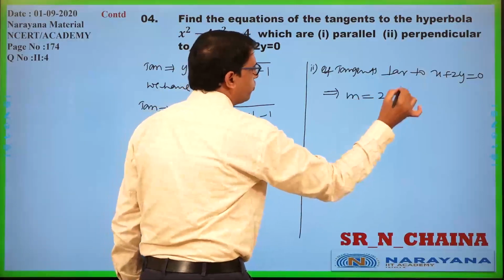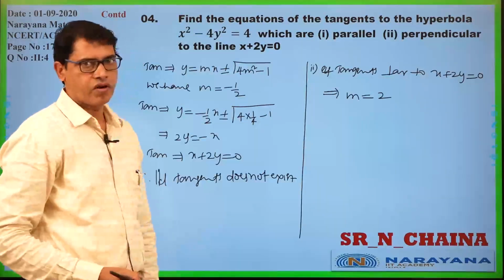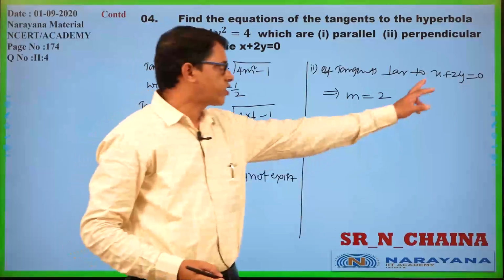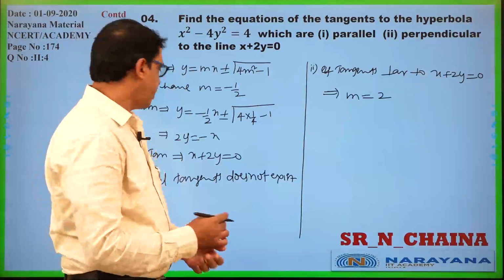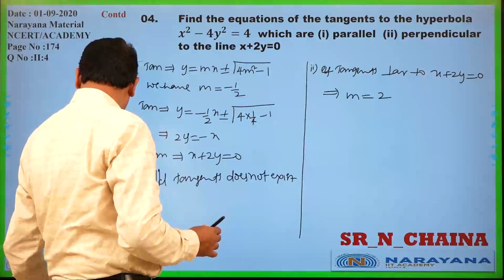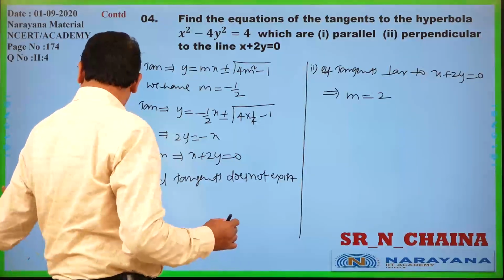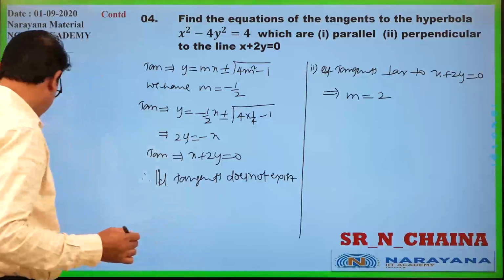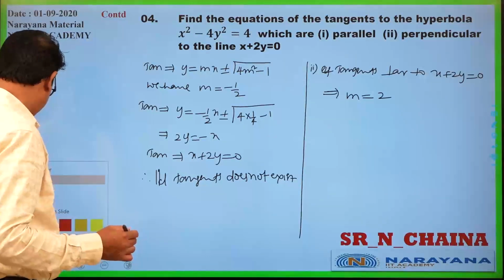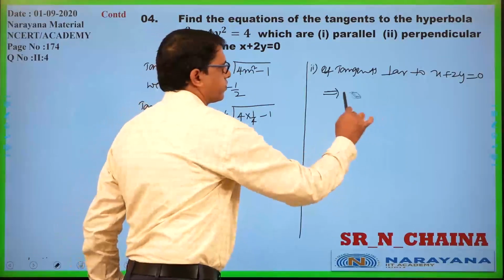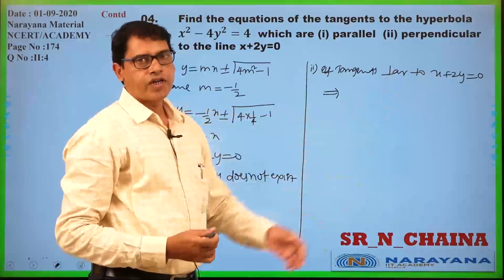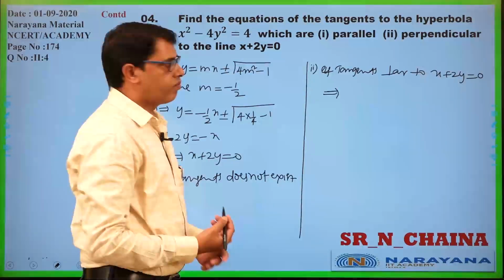The slope of this line is minus 1 by 2. Lines are perpendicular, so m1 into m2 equals minus 1.